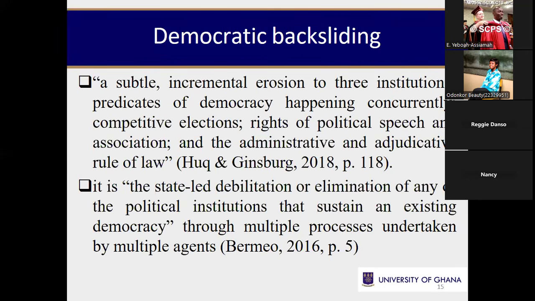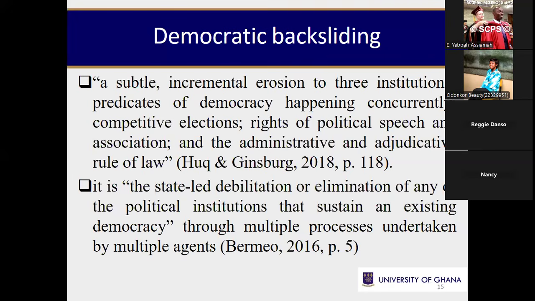But when you put the dots together, you put the pieces together, you can see a pattern or a trend. When we add all these isolated cases together, this cannot be isolated. It is a pattern that you've noticed that maybe these three predicates of democracy are being reduced or eroded.